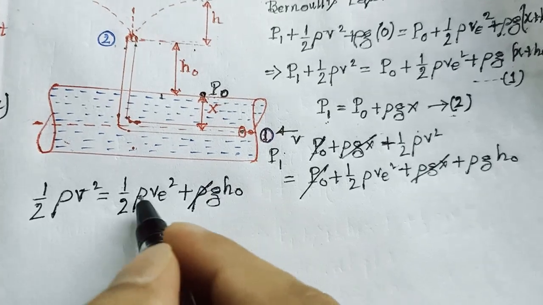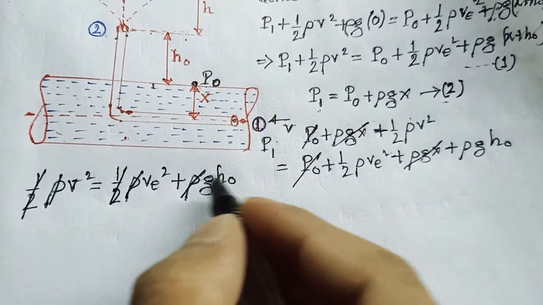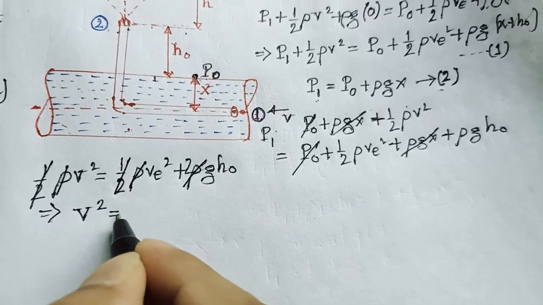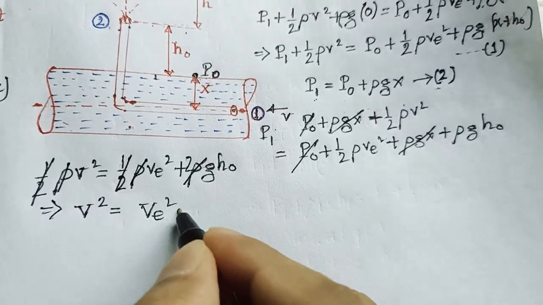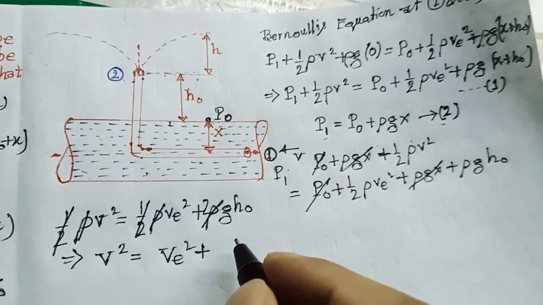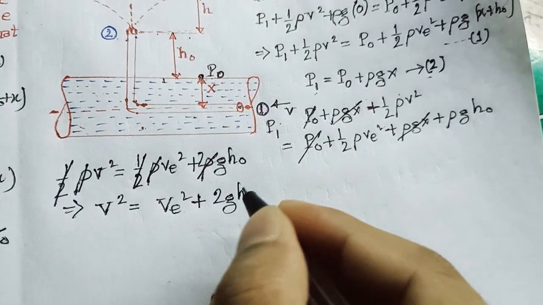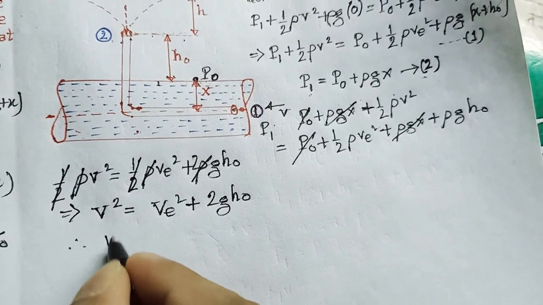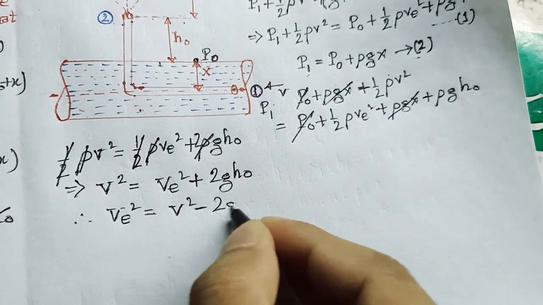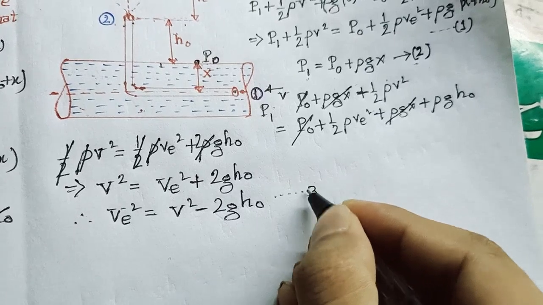Now we can cancel this density term rho from both sides, and also cancel the half, so there will be a 2. So we can write v square equal to v e square plus 2 g h naught, or we can write v e square equal to v square minus 2 g h naught. Let this be our equation number 3.